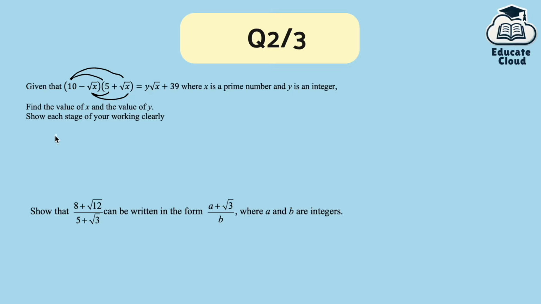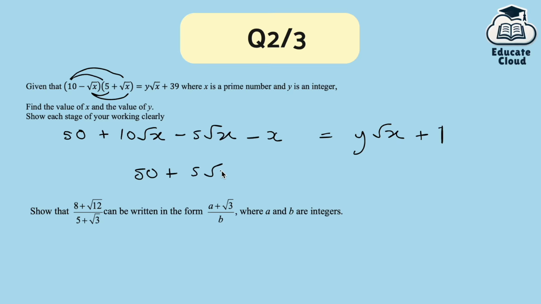So 10 times 5 is 50, plus 10 root x, minus 5 root x, minus x, and that is equal to y root x plus 39. So that's going to be 50 plus 5 root x minus x is equal to y root x plus 39.